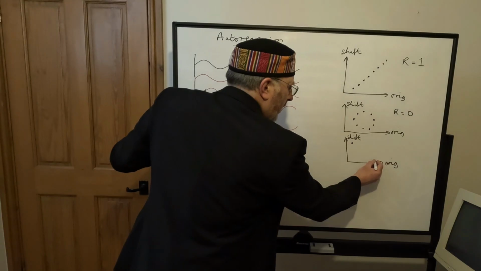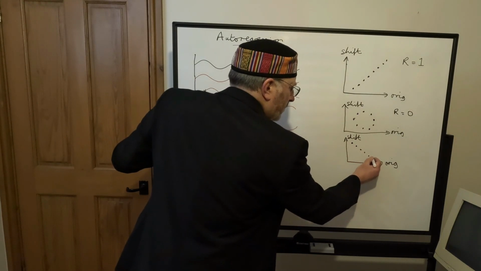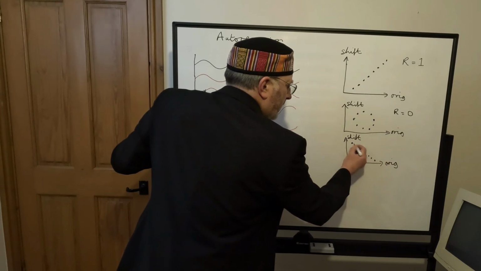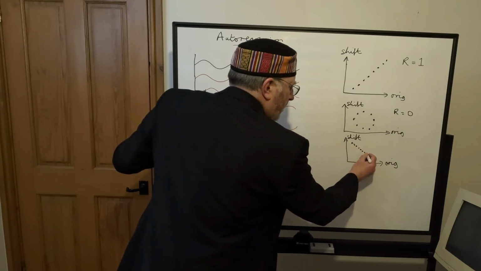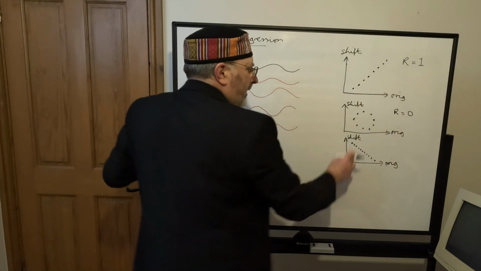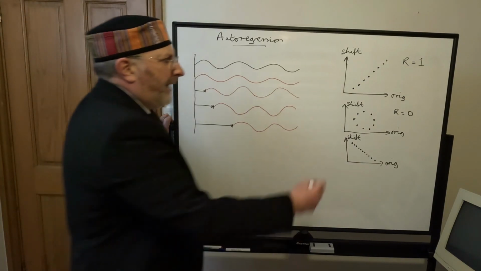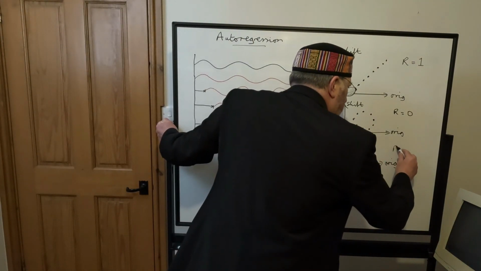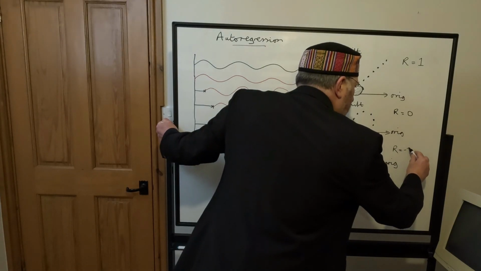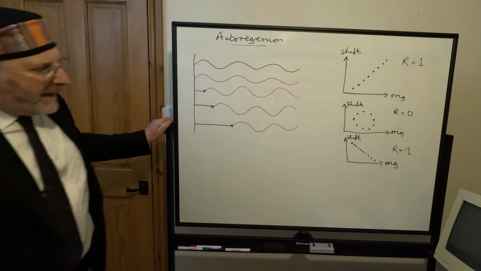When x is high, y is low, and generally all the way through, x and y will just be the opposite of each other. So we'll again get a straight line. This time it will be downward sloping. And this would have a correlation coefficient of -1. They are anti-correlated, perfectly anti-correlated.